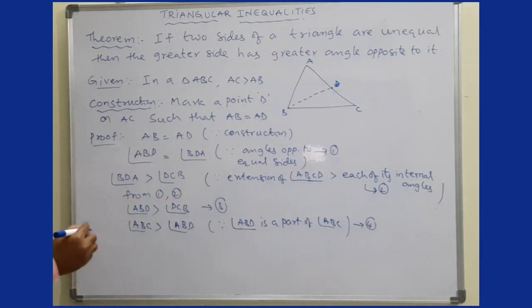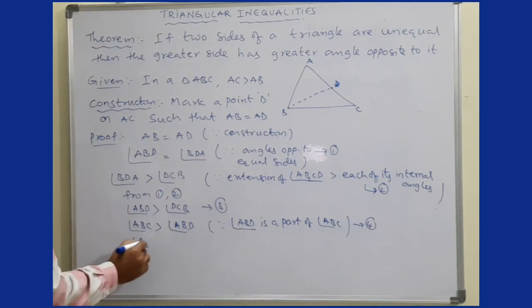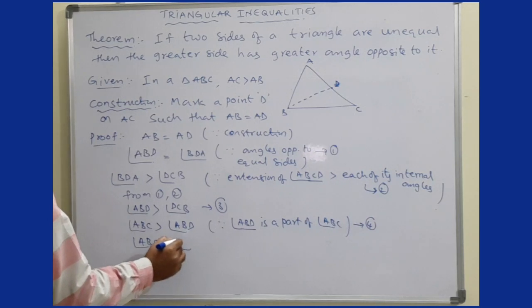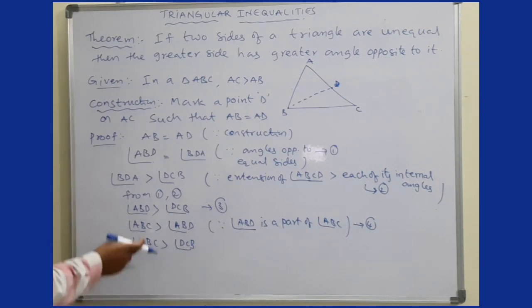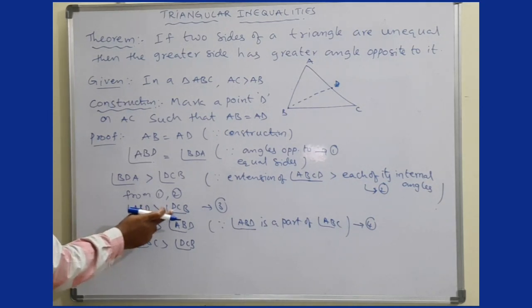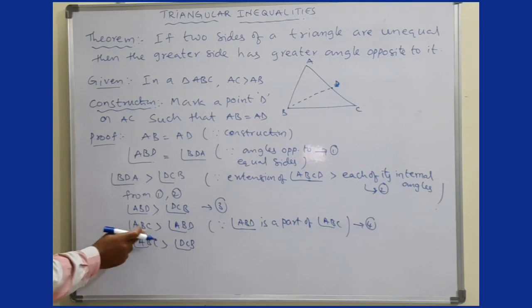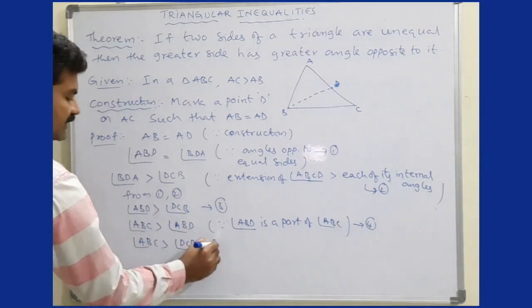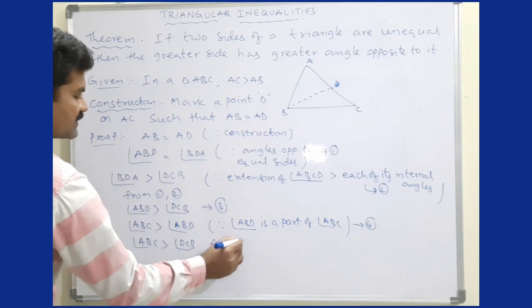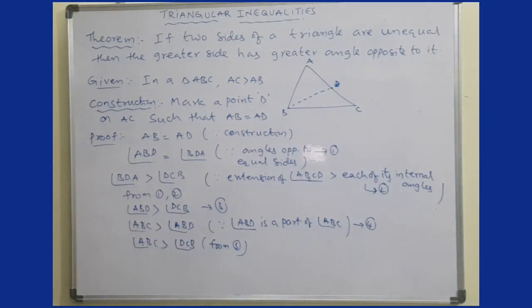So therefore I can also say that angle ABC is greater than angle DCB, using the third relation, because ABD is already more than this, and ABC is more than ABD. So from relation number 3, I can say that angle ABC is greater than angle DCB.